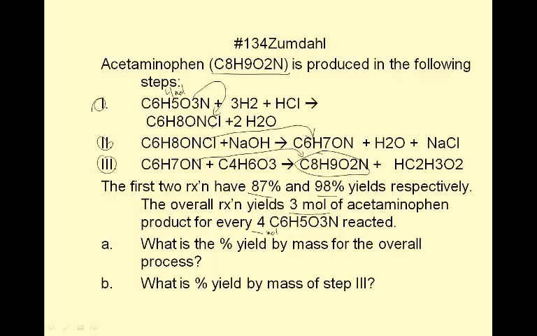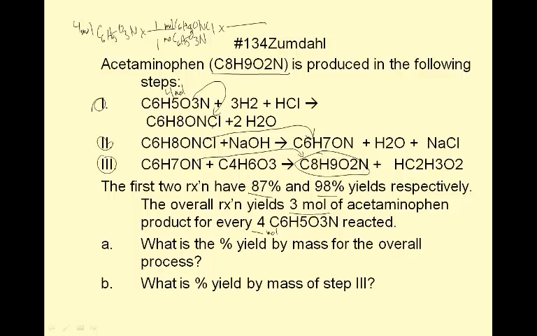So let's figure out how much you should get from here. So 4 moles of C6H5O3N times a dividing bar. Moles, I'm going to get rid of C6H5O3N, and I'm going to convert it into moles of C6H8ONCl. The relationship here is 1 to 1. Ding, ding. It's like kissing your sister. Nothing's going on there.